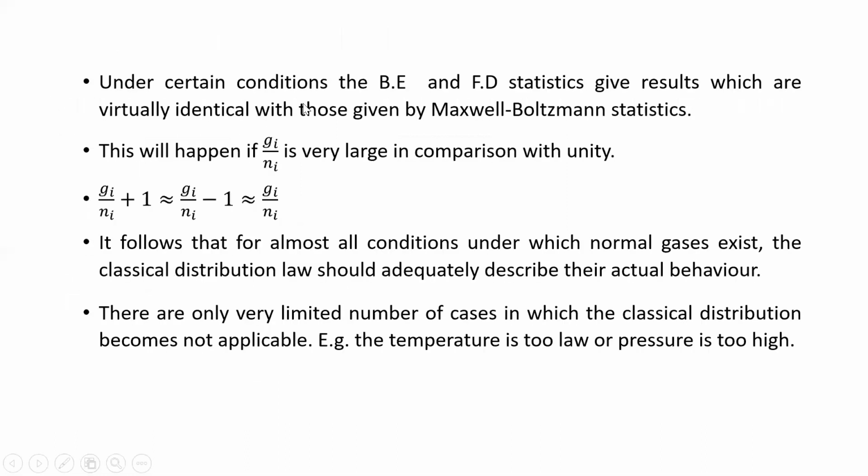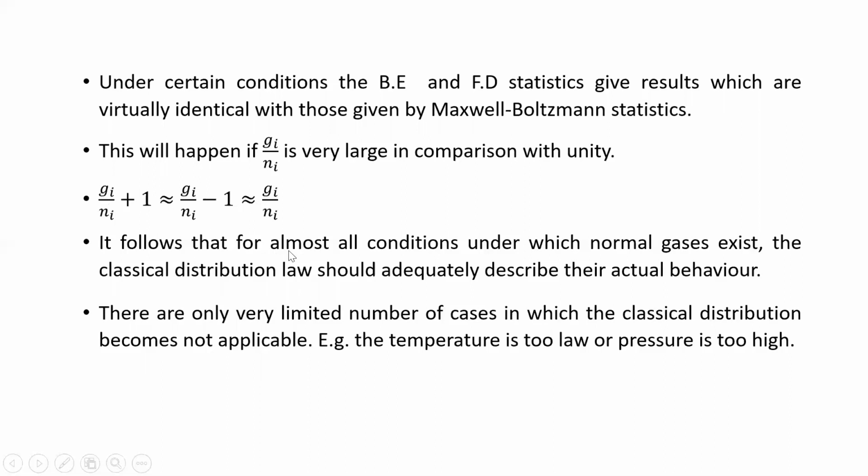Under certain conditions, the Bose-Einstein and Fermi-Dirac statistics give results which are virtually identical with those given by Maxwell-Boltzmann statistics. This will happen if Gi by Ni is very large in comparison with unity. So when Gi by Ni is very large compared to 1, we shall write like this.